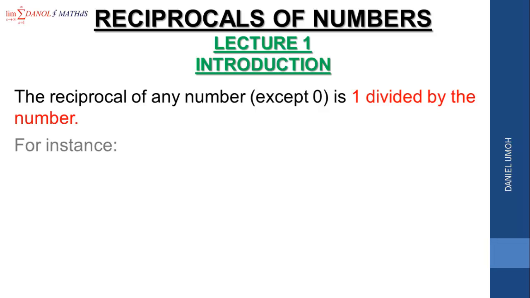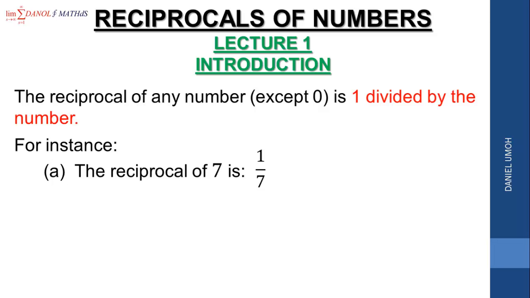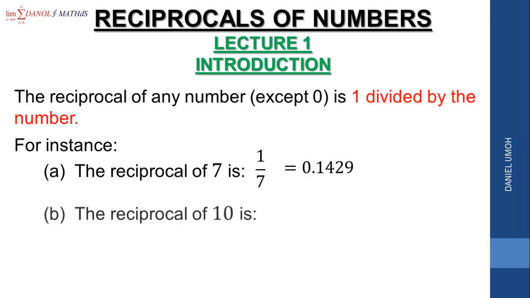For example, the reciprocal of 7 is 1 over 7. And of course, if you do your arithmetic, 1 over 7 is equal to 0.1429. Similarly, the reciprocal of 10 is 1 over 10, and that is equal to 0.1.